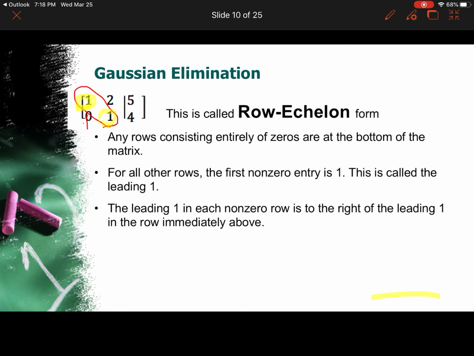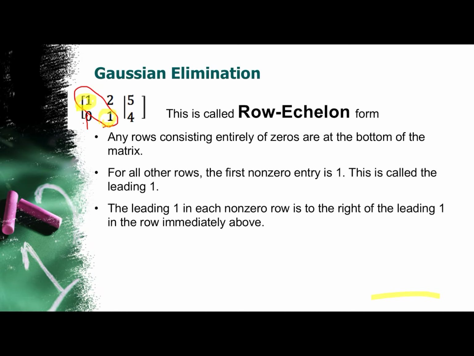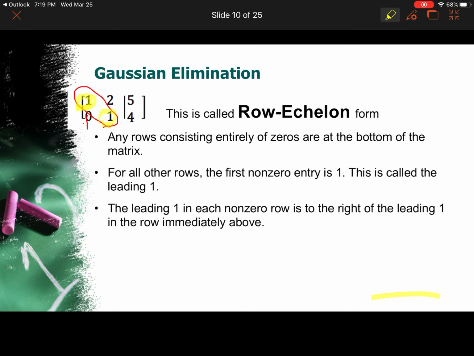And when you put the rows in order, the leading one has to be farther to the right the farther down it goes, right? So if I switched these rows, which is perfectly allowable, that was one of our row operations, then the top row would be 0, 1, 4, and the bottom row would be 1, 2, 5.